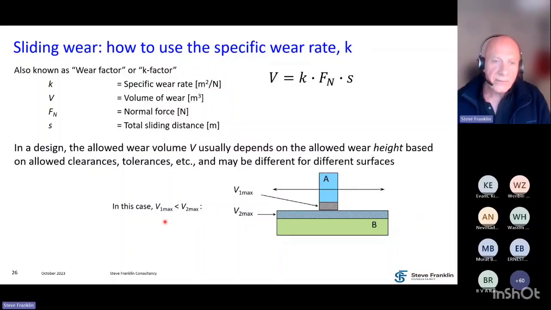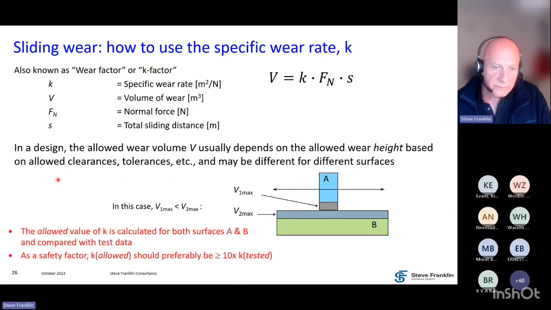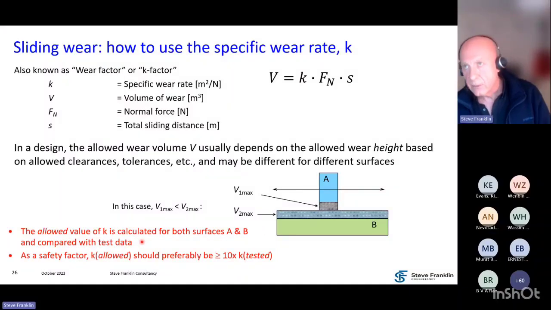So we have to calculate the allowed value of this K factor, the specific wear rate, for both surfaces A and B, if they are different geometries. And we compare that with known test data, or we carry out tests that allow us to generate some test data.